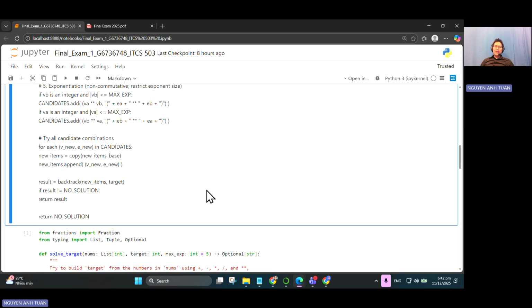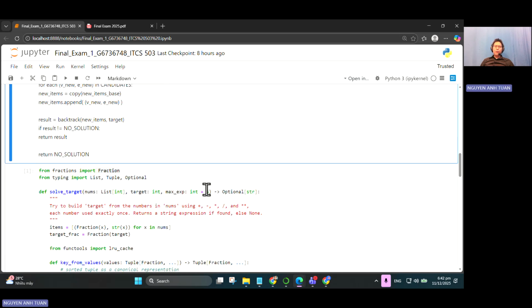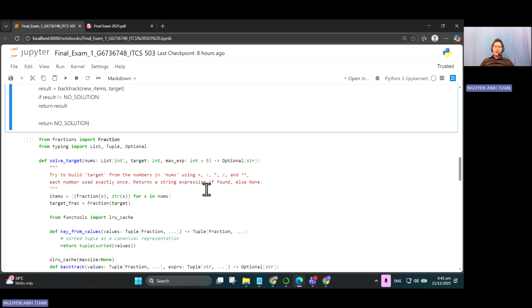To make the brute force practical, I add some important details. Memoization, caching: many different operation orders can lead to the same multiset of values. I use canonical keys based on a sorted tuple of values and cache states that have already been explored with no success.